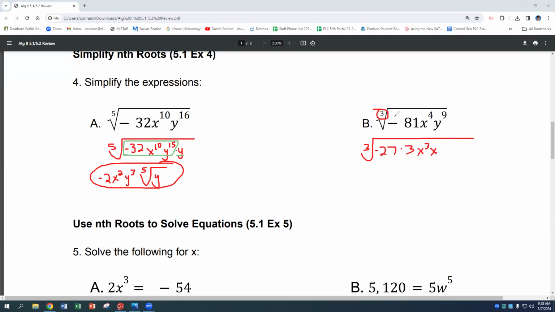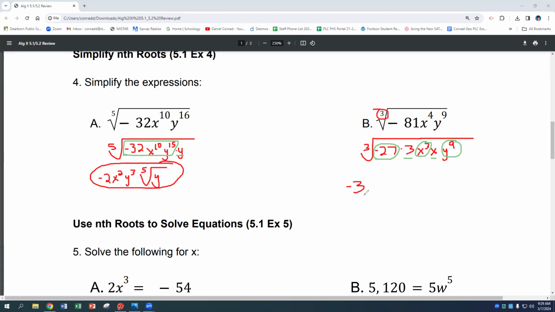All right, and then y to the 9th is a perfect cube. 3 goes into 9 3 times. So my perfect cubes are going to be negative 27, x to the 3rd, and y to the 9th. So those are my 3 perfect cubes. And then what I'm going to have left is going to be 3x. So cubed root of negative 27 is going to be negative 3.